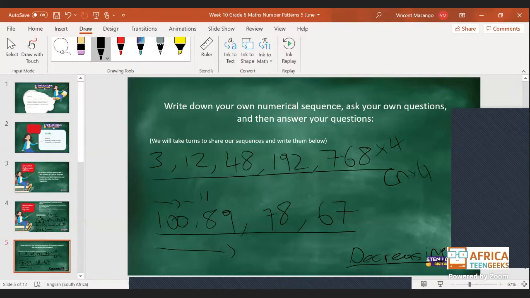And then from 89 to get to 78, what happened? Right? It's pretty consistent, so we subtracted another 11. Okay, so what can we say the rule is in this particular sequence? The rule is n minus 11, right?